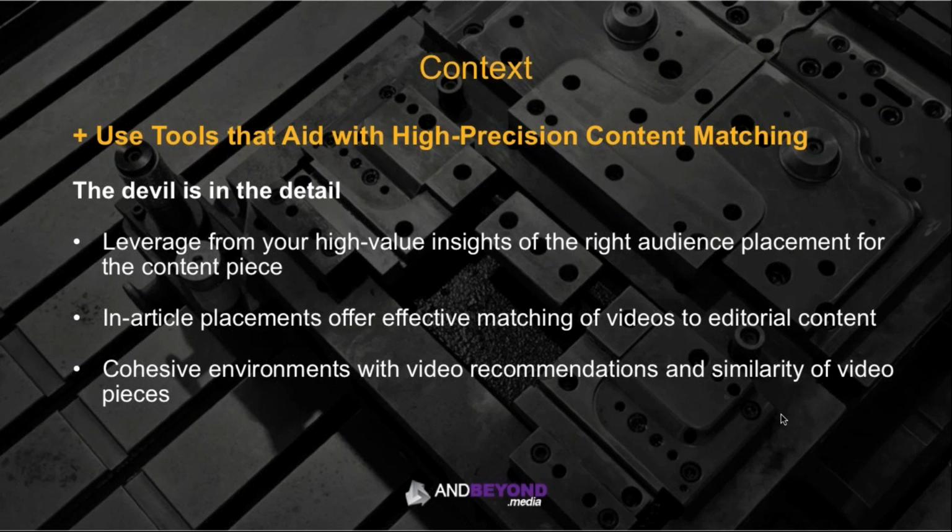Places like articles offer effective matching for videos to editorial content. So if there's an article or users browsing a good amount of editorial, like news, or an article published about a certain movie success, or a presidential election, or someone just reporting on a disaster, each of these video contents that has been produced by someone, be it highly creative, funny, or something very serious and very trending, if it's placed well against the article, it tends to get a lot more traction.